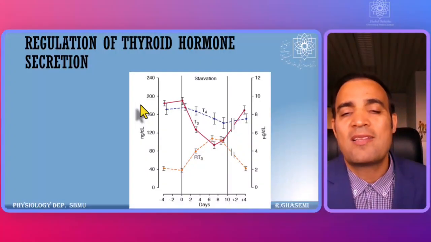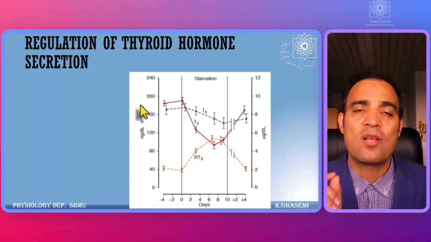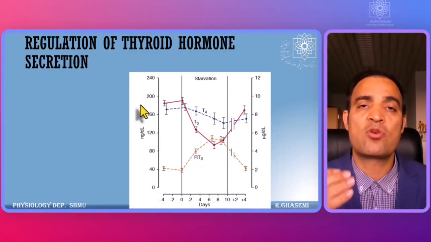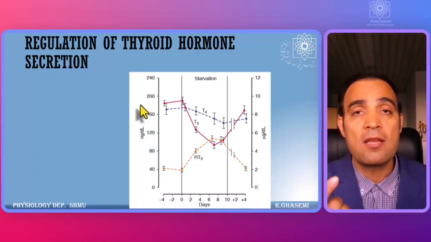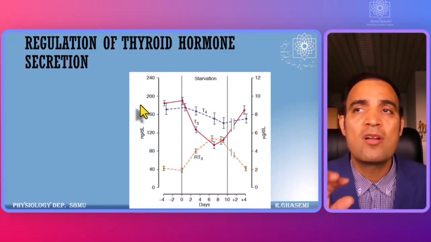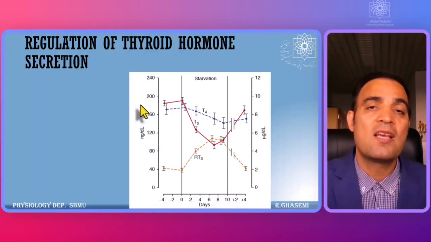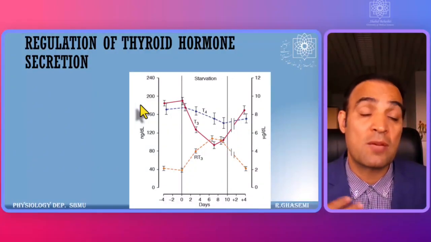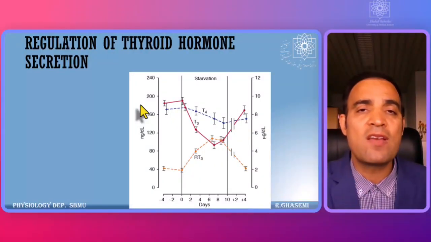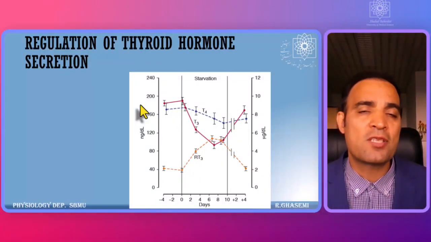This shows that the body has a sensor. When we have a shortage in metabolic intake, we should be ready to conserve these metabolites and reduce the body metabolism. And this is one way that regulates the metabolism of the body.